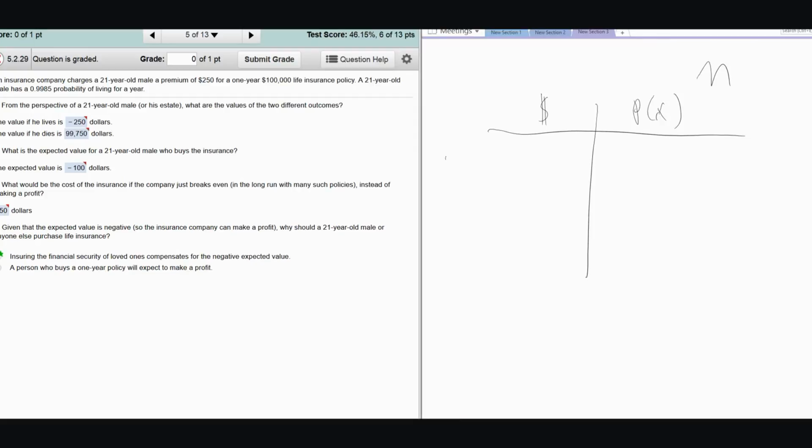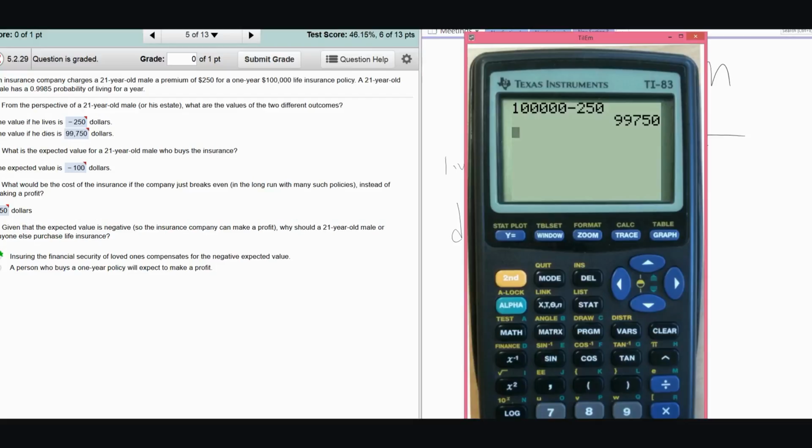And he either lives or dies. So if he lives, he's out $250. If he dies, his family gets $99,750. Now it says he has a 0.9985 probability of living. So his probability of dying would be 1 minus that, which will be 0.0015.